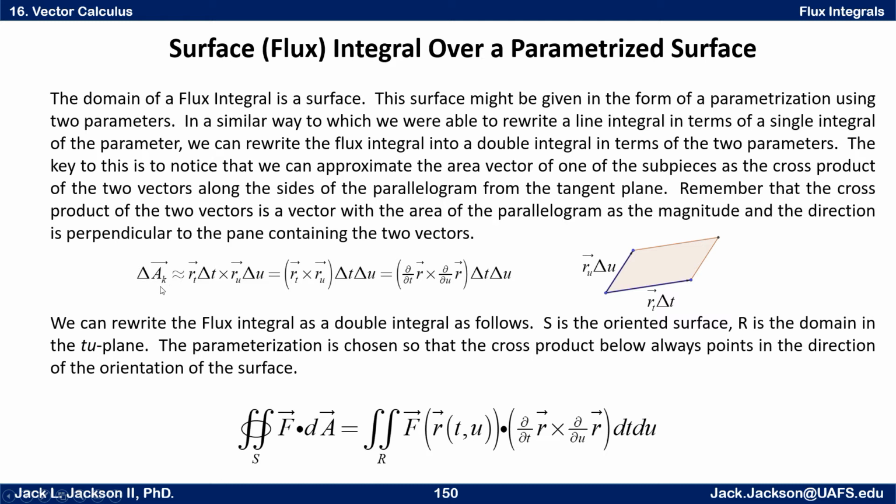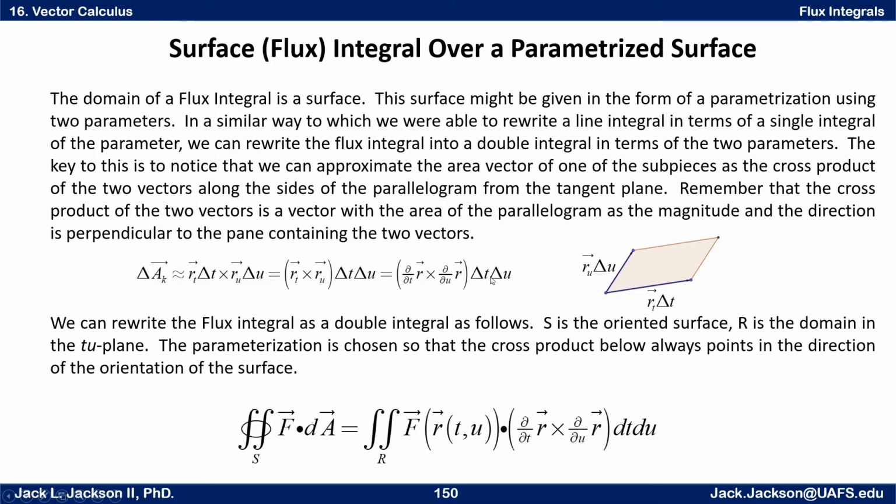So the delta A vector is approximately the cross product of those two things, and notice the delta t and the delta u are scalars, so I can bring them out to the end here and just do the cross product of those two vectors, r sub t and r sub u. A better way to write those would be the partial derivative of r with respect to t, cross product the partial derivative of r with respect to u, and then we have a delta t delta u.